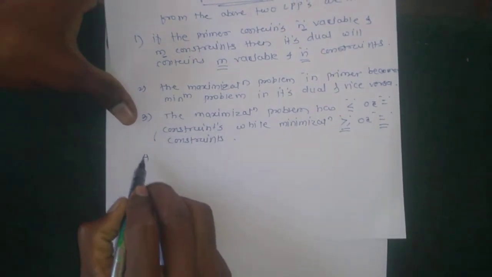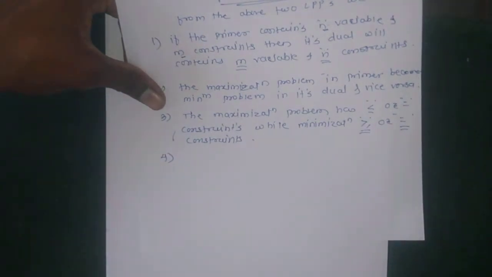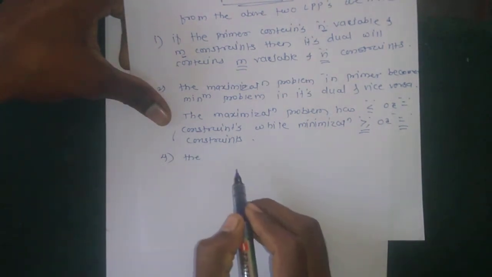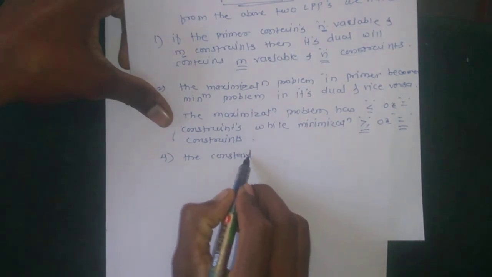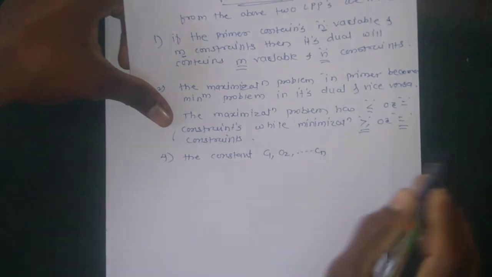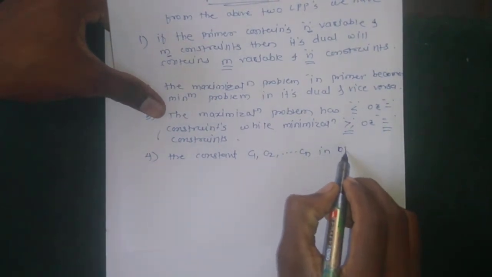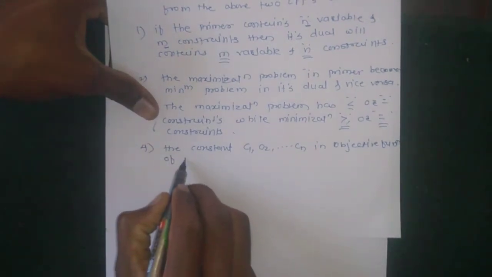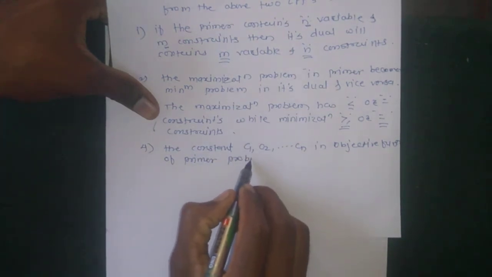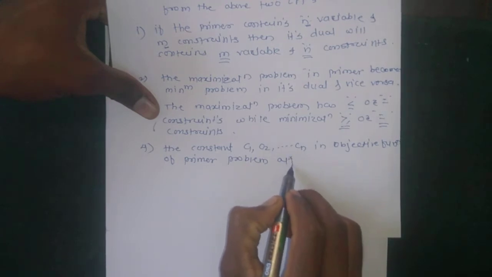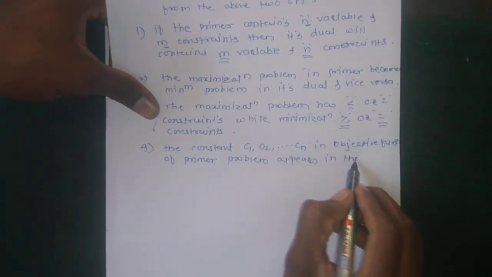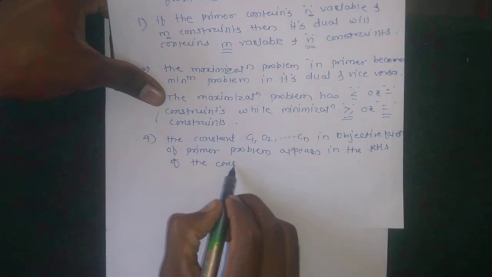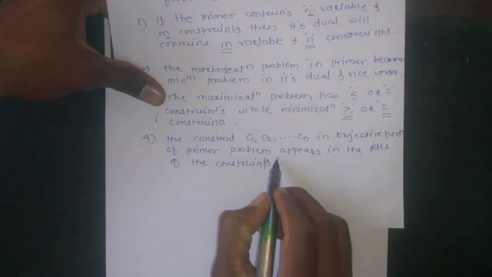The fourth one is the constants c1, c2 up to cn, the coefficients of x1, x2 in the objective function of the primal problem, appear in the RHS of the constraints in its dual.